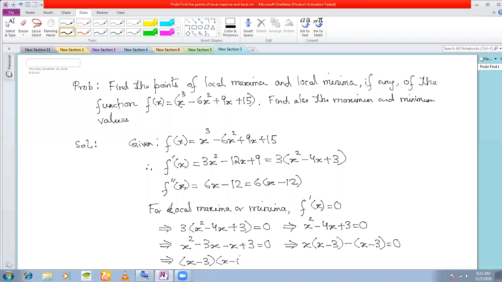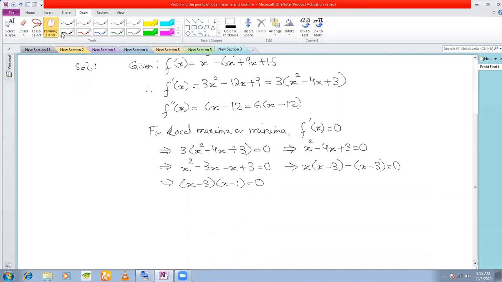Now you factorize this. x minus 1. Okay. So what you ultimately get is, what are the extreme values? What are the extreme values? x is equal to 3 or x is equal to 1.